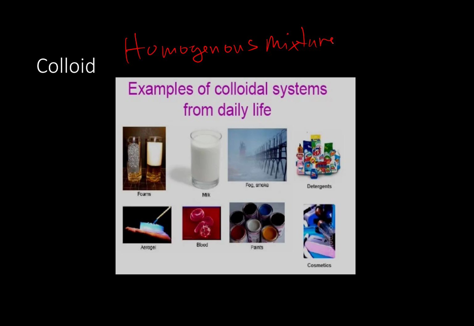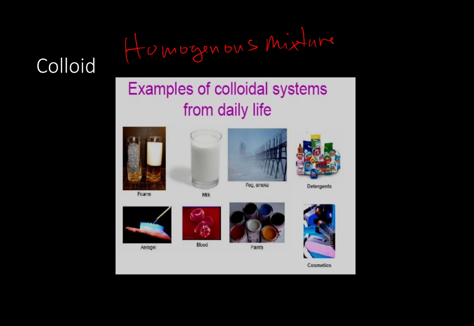So a good example would be milk. Milk is homogeneous, it's kind of evenly spread throughout the water, but the particles are much larger, so you can see them. You can't see through milk. It's not transparent. Paint would be a good example.